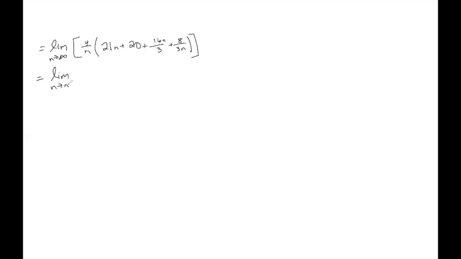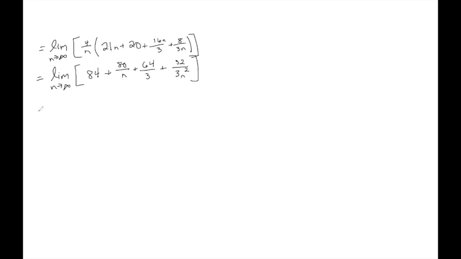Still have my limit. And I'll distribute the 4 over n through. 4 times 21 is 84, and the n's cancel. 4 times 20 is 80 over n. 4 times 16 is 64. The n's cancel, and I just have over 3. 4 times 8 is 32. And the bottom gets another n tacked onto it.